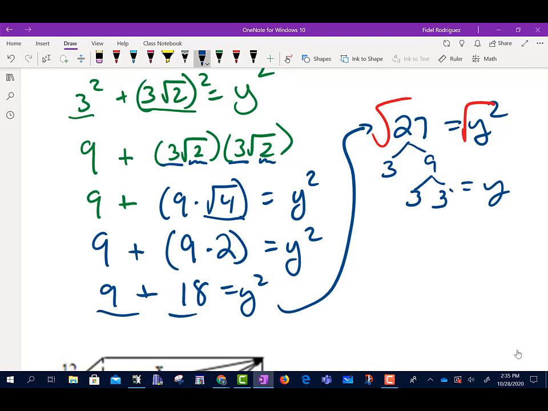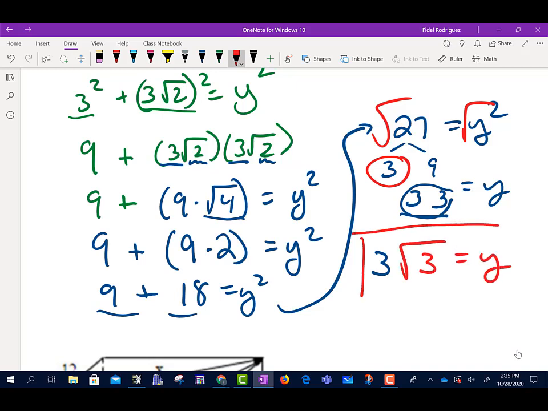You can decide to pair these up, or you can decide to pair these up if you wanted to, but it's only one pair. So, let me write this back. What number do we have a pair of? 3. What number did we not have a pair of? That 3. It's got to stay on the inside. And there's my other piece.